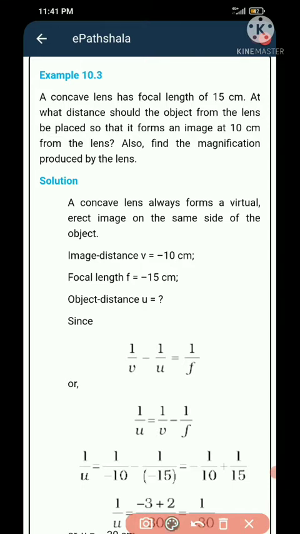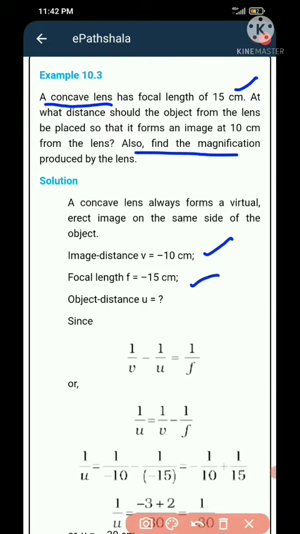First we are going to explain everything. Concave lens means all images are virtual. So minus means it is a virtual image, and the focal length is 15 centimeter. In the case of a concave lens, since the focus is also virtual, it is minus 15 centimeter. Okay, what is the question?